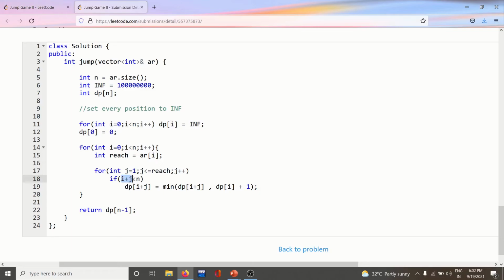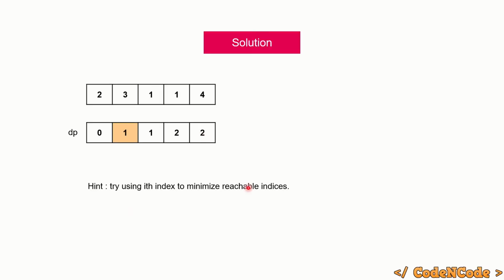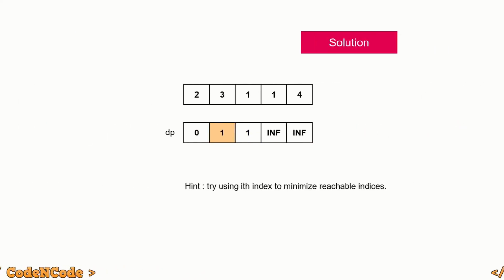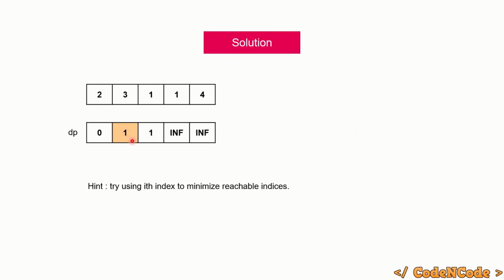This is the index of the cell that we are going to minimize, and of course this should be less than n. Okay, now dp of i plus j will be the minimum of dp of i plus j and the new number of steps. Okay, so basically if I take you 2 steps back from this, we can minimize this, this and this, but this node is already minimum, right?